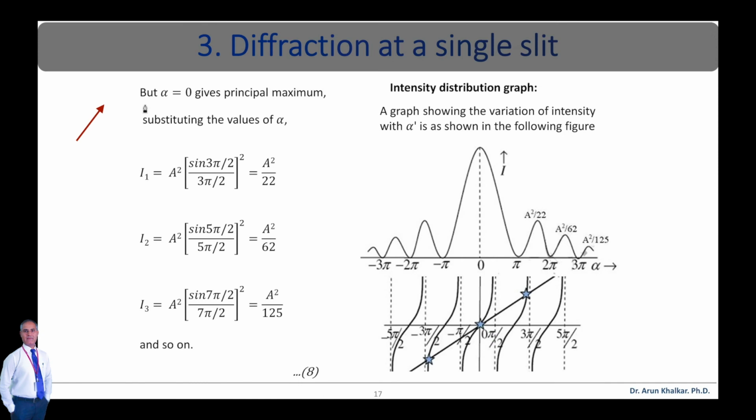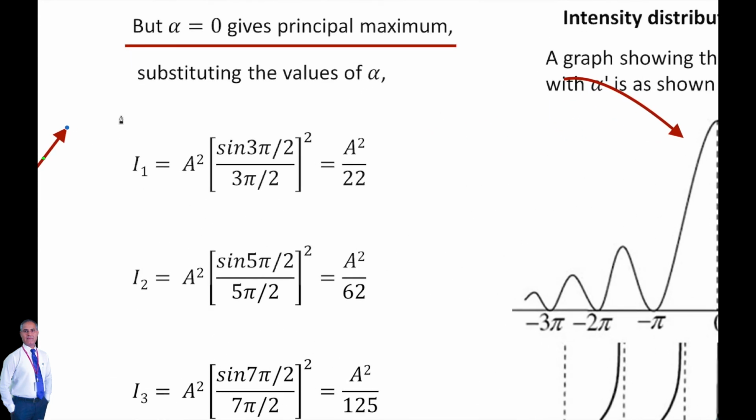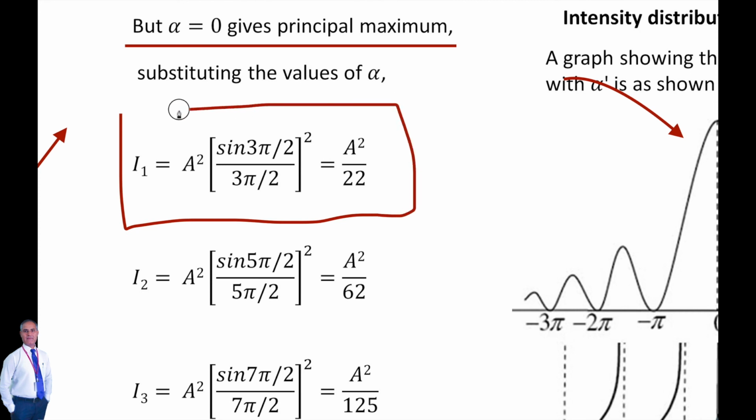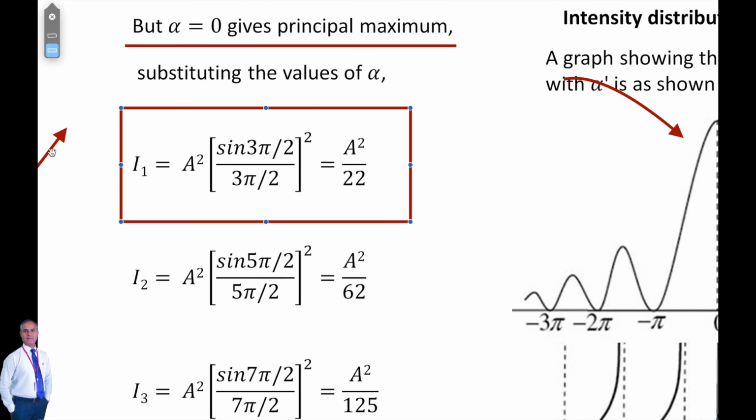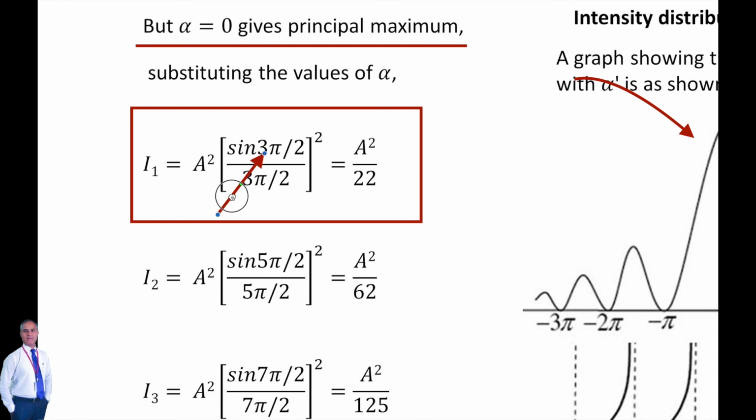This graph shows the intensity variation with the value of alpha. At the center we are getting maximum amplitude, and eventually on the left hand side and the right hand side we are getting less amplitude. Now if we calculate by substituting the values of alpha, intensity I1 is equal to capital A square in bracket sine of 3 pi by 2 divided by 3 pi by 2, bracket square.